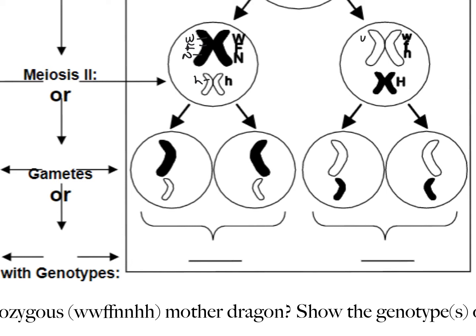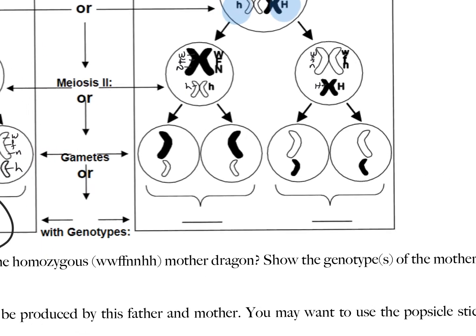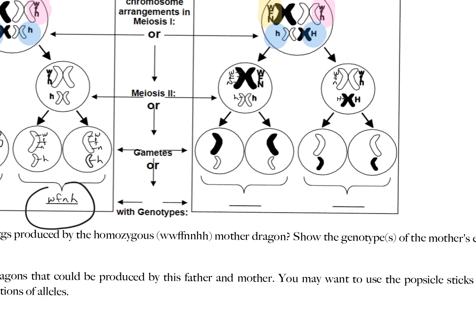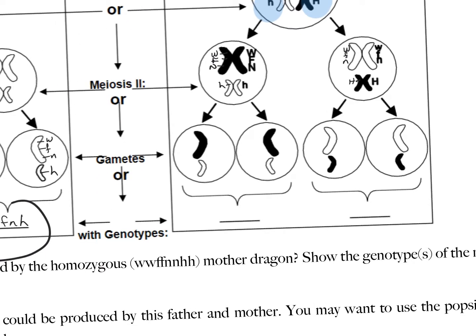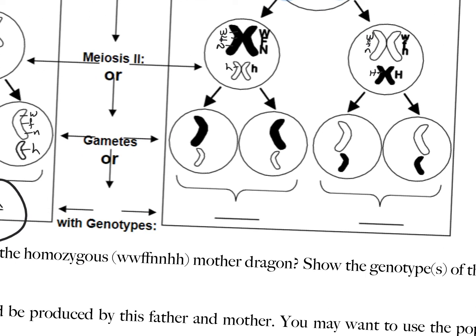These are sister chromatids. My hope is that by repeating it over and over again, and I hope you're doing the same, the vocabulary is going to become more solidified in your mind. Those sister chromatids are identical, and these three are going to move as a unit, and these three are moving as a unit.